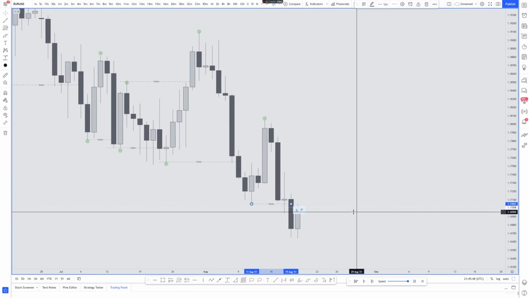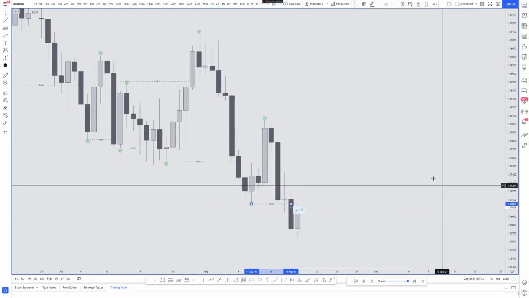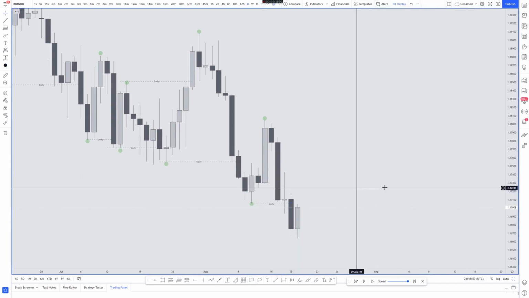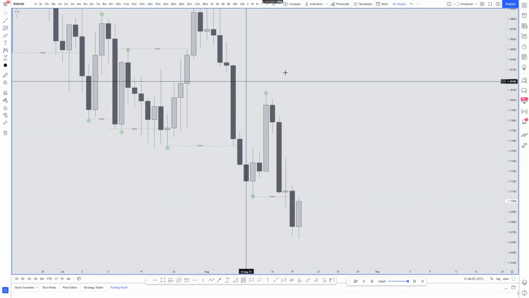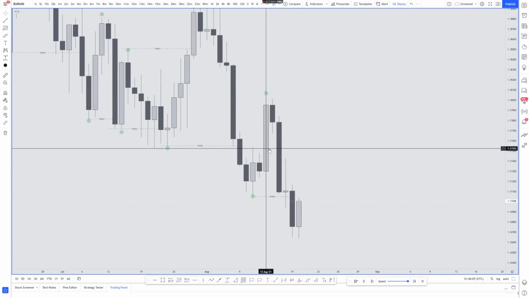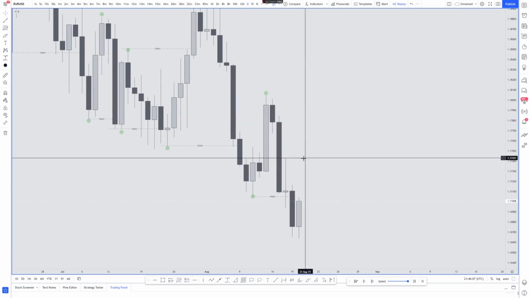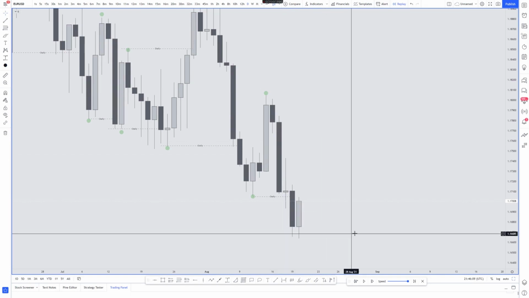With the 15-minute, I map 10 or 15 pip pullbacks as pullbacks. You may choose to go with 15. It's totally up to you. Some people like a little more structure, some people like a little bit less, but those are kind of the guidelines. So 80 to 100 pips for daily, 40 to 50 for 4-hour, and 10 to 15 for 15-minute.